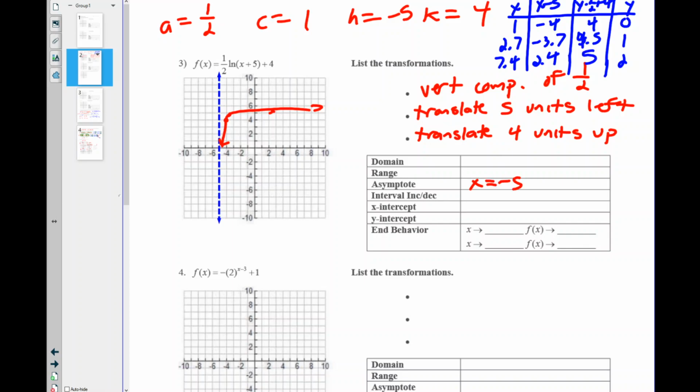Maybe let's just see what we haven't talked about today. How about, is it increasing or decreasing? It is increasing throughout its entire domain, the domain being negative 5 to positive infinity. We did find an x-intercept today. You would find the x-intercept by making y equal to 0.